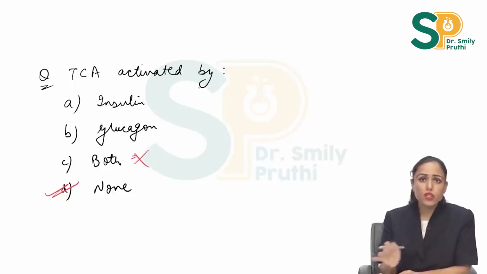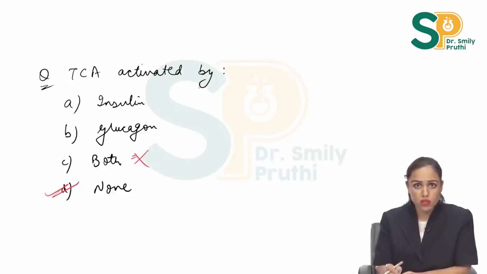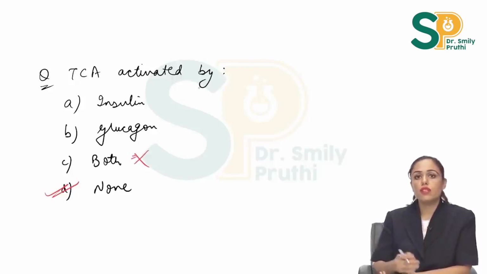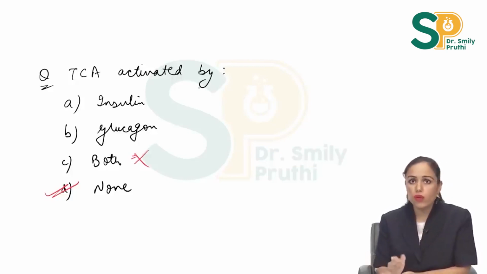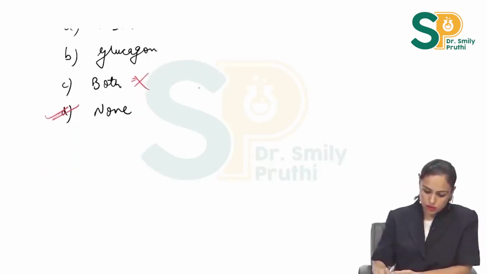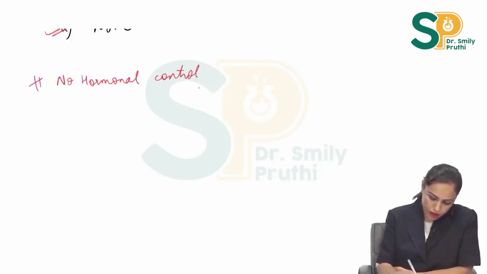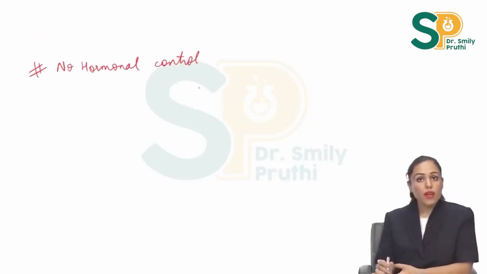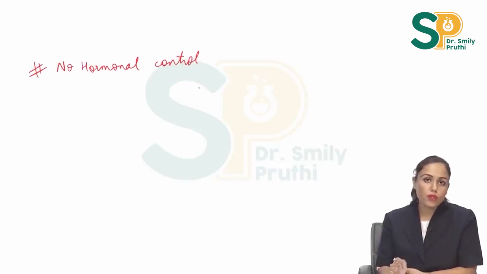But no, TCA does not depend on our food status. It is a vital cycle for the cells. It will always occur, and does not depend on food status. So I will say that TCA has no hormonal control because it is a vital cycle for the cells.